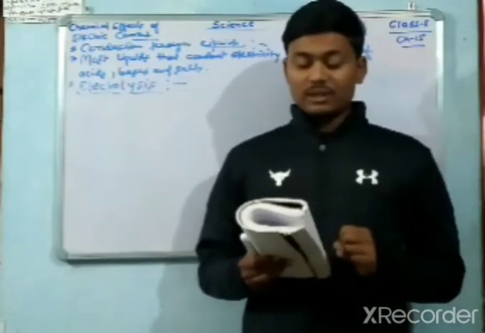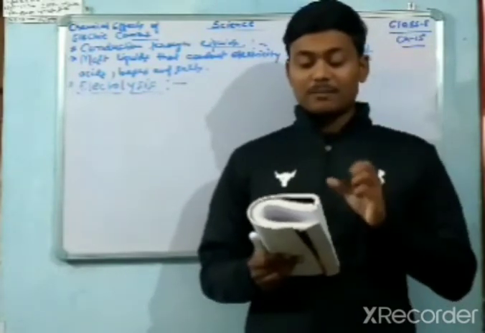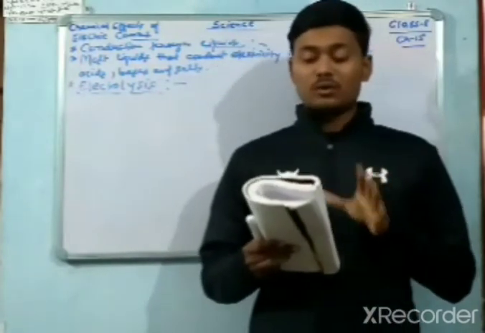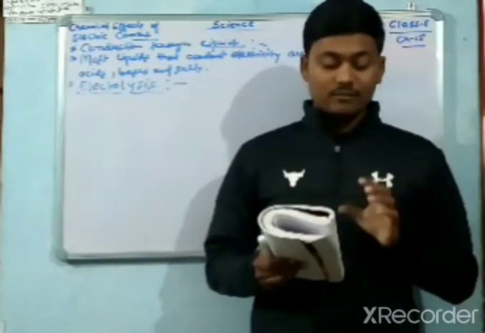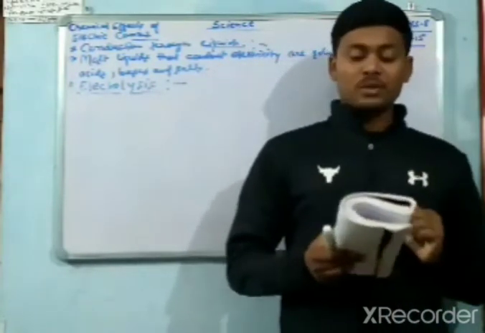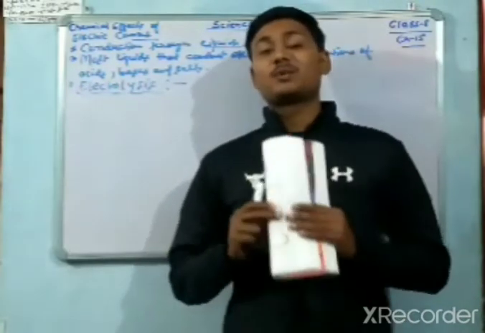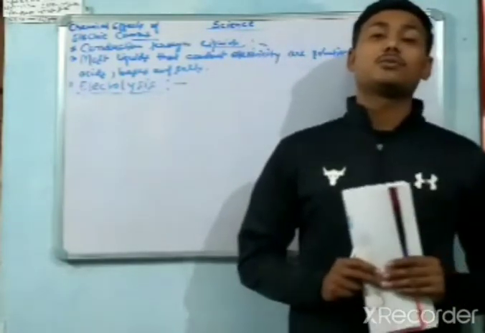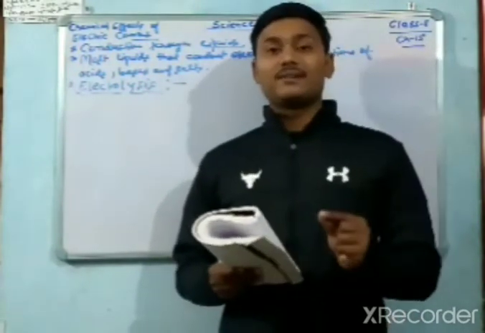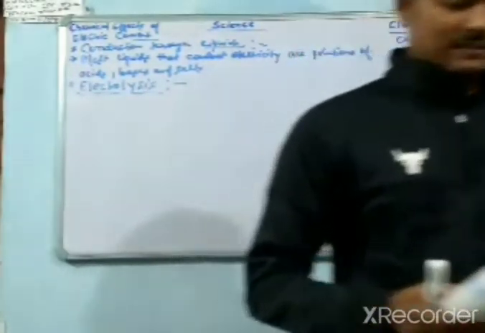One thing I want to tell you: when copper sulfate is dissolved in water, it breaks up into positively and negatively charged particles. These positively and negatively charged particles are known as ions; all positively charged ions are known as cations, and all negatively charged particles are known as anions.